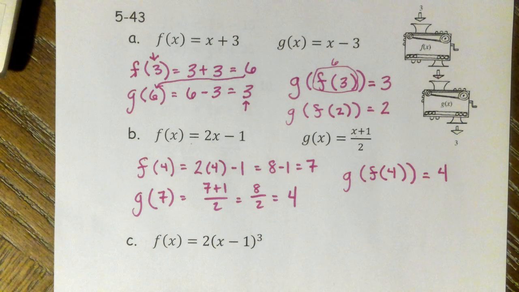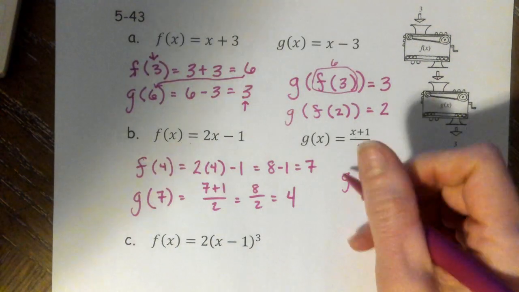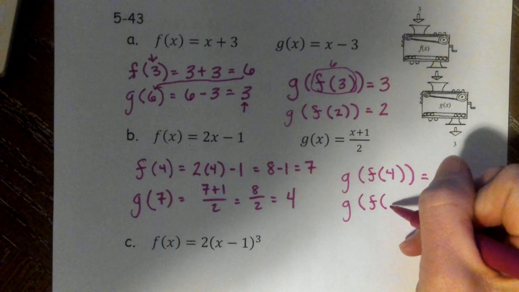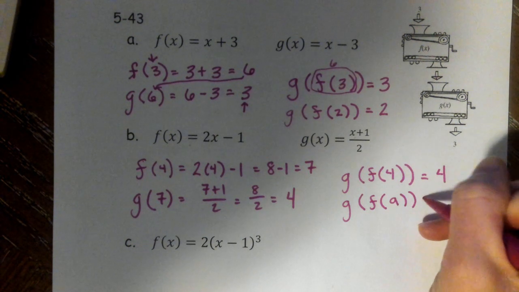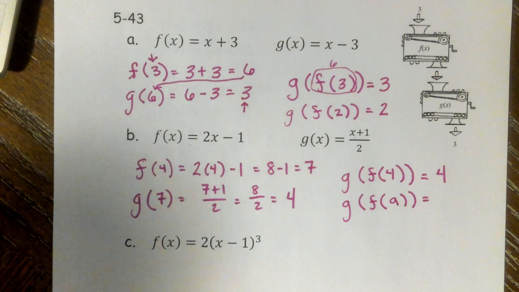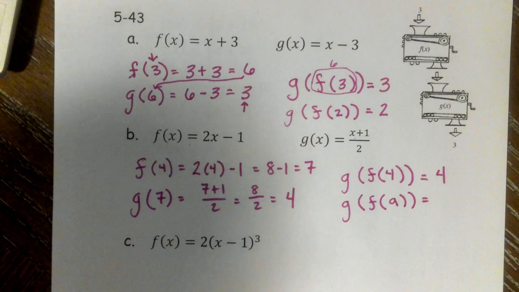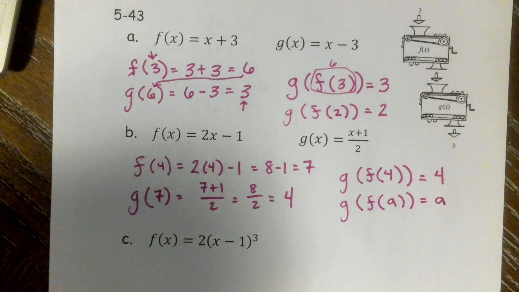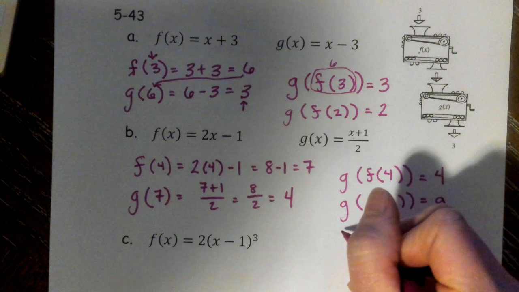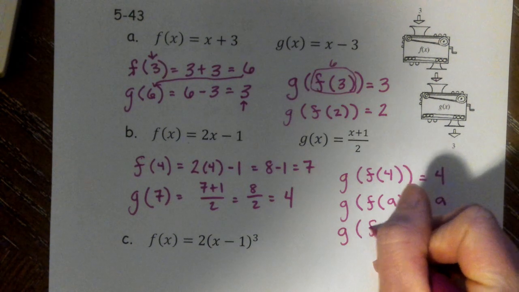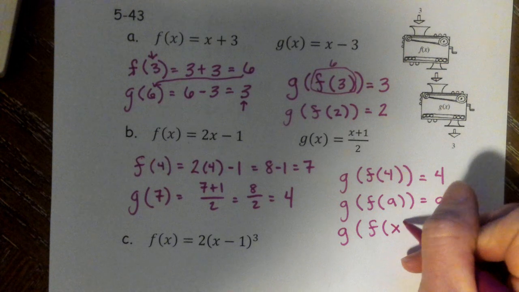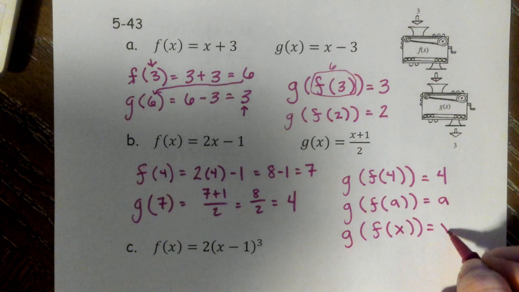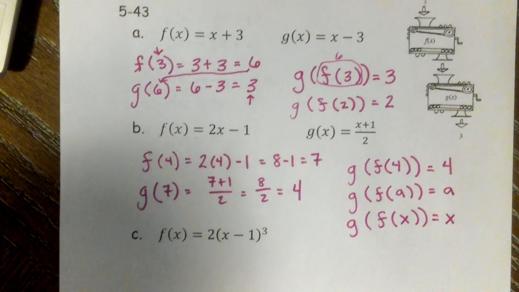So now, let's say g of f of a. What would we get out if you put an a in for x? You should get out an a if they're inverses, remember? So now, if I would put in an x, you should get out an x.